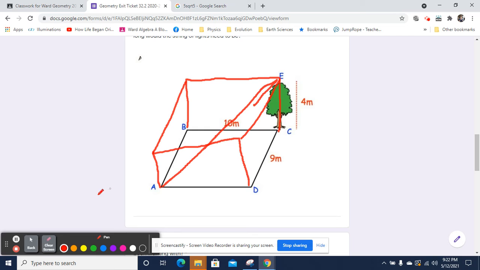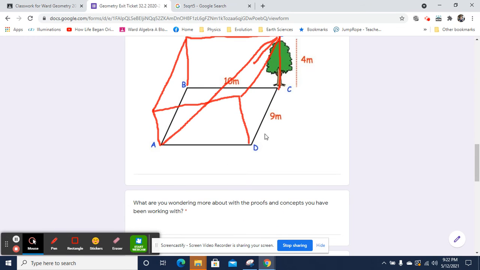I've done better, but there we go. That's the tools we've got. So we're going to do length squared plus width squared plus height squared to get diagonal squared again, or x squared plus y squared plus z squared equals d squared.